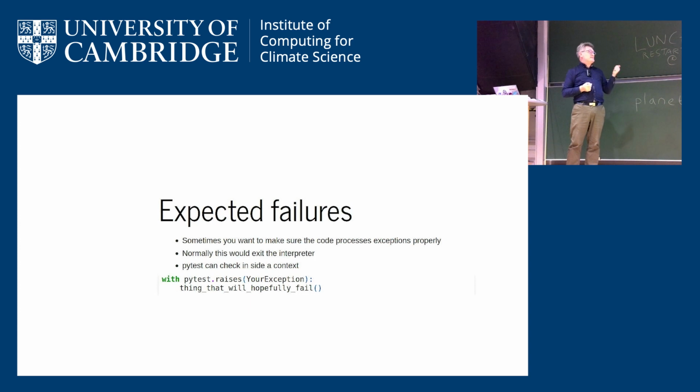In the case of PyTest, the context handler will catch these exceptions, which would normally stop the interpreter, and check that the correct exception has been raised. So you use the function pytest.raises, and you give it the name of the exception you're expecting the function to raise, and then you call the function and hope that it does actually do that.